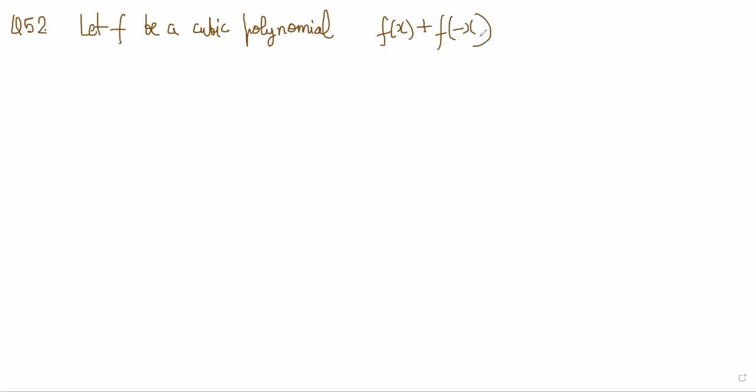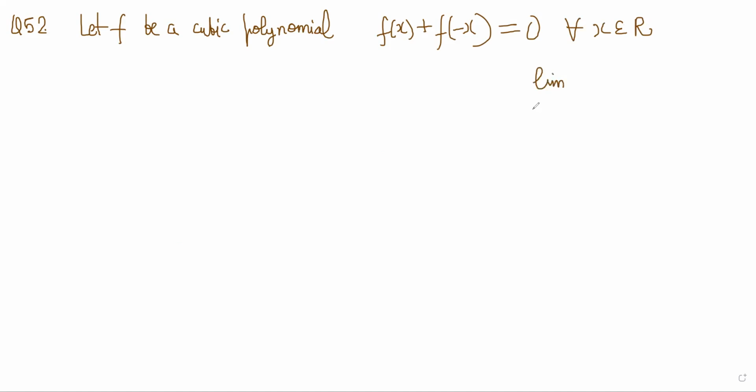Let's look at question 52. It says let f be a cubic polynomial where f of x plus f of minus x is equal to 0 for all x belonging to the reals.